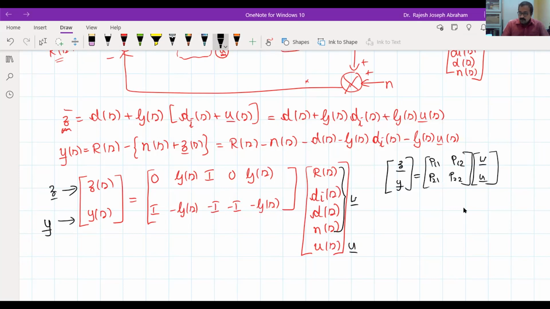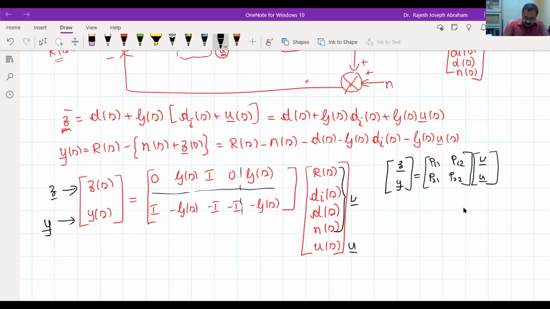As per the superposition principle, you can apply one input at a time, get the individual outputs, and finally add them up to get the overall output. So P11 is nothing but Z by W, provided U is equal to 0. Similarly, P12 is Z by U when W is equal to 0. What is P21? Y by W when U is equal to 0. And P22 is nothing but Y by U when W is equal to 0. Okay, so that means you can partition like this.